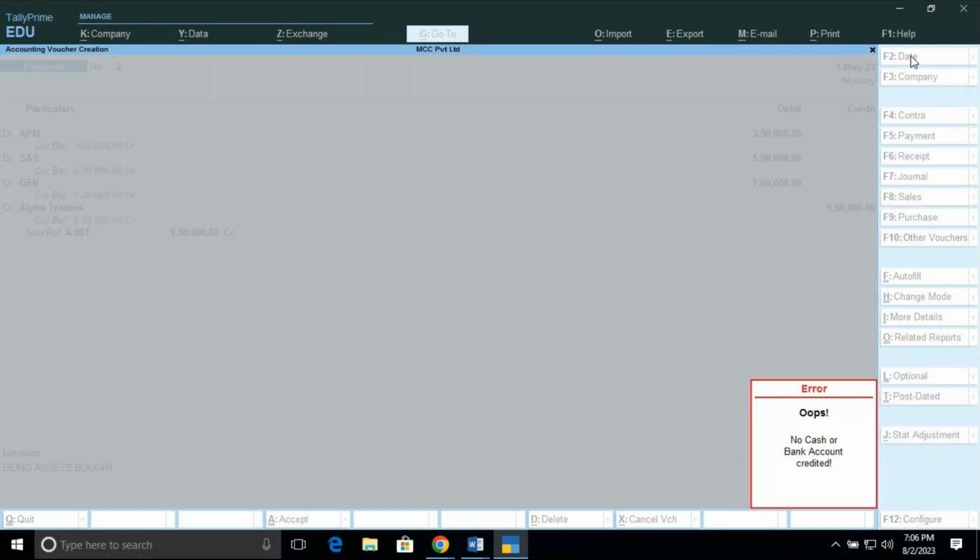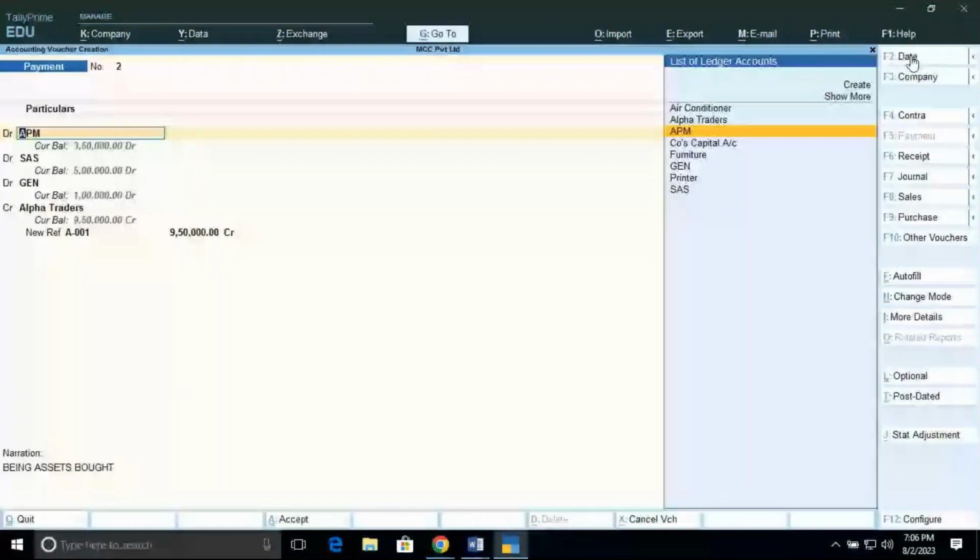Error. No cash or bank account credited. What is the mistake? In the entry, there is no cash or bank account because it is a credit purchase.